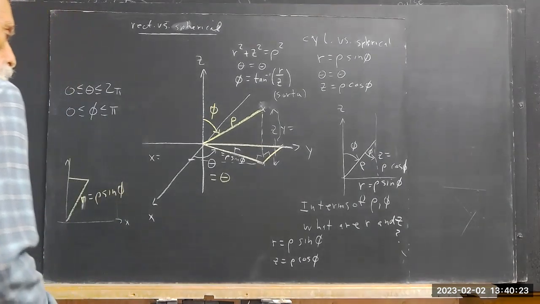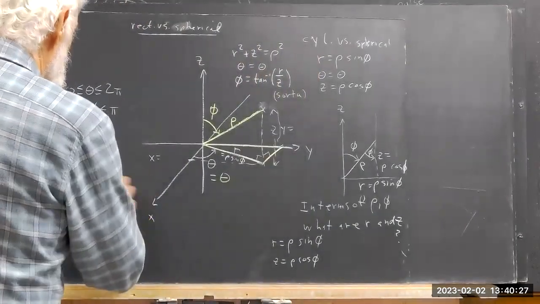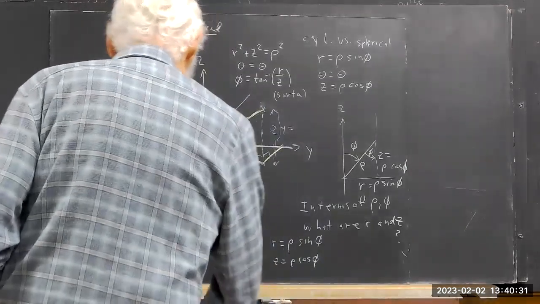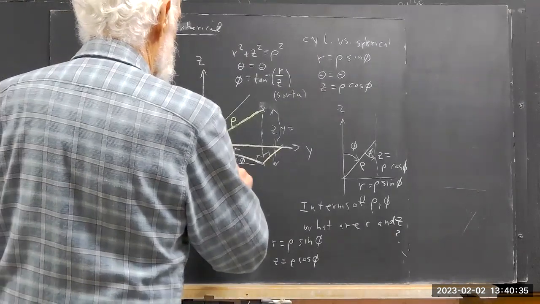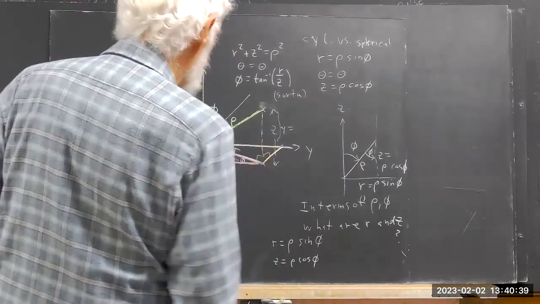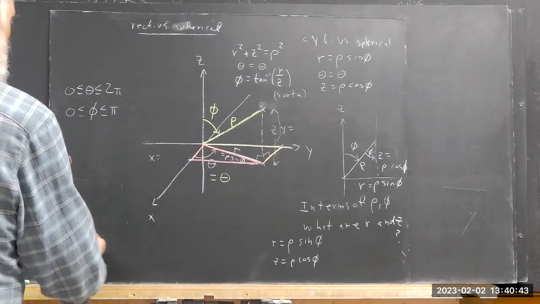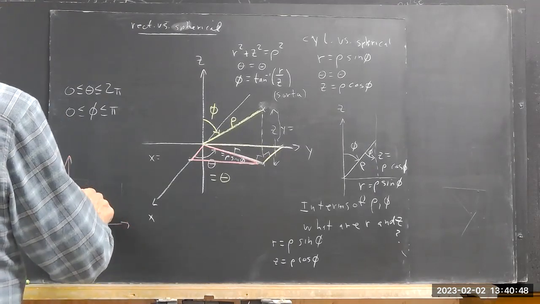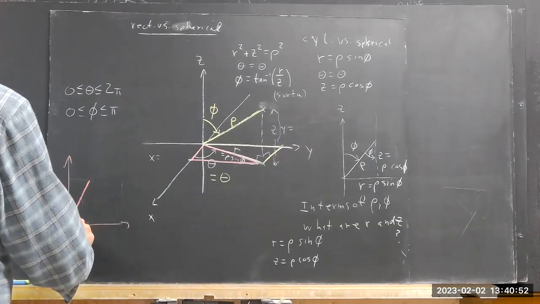That's really not the triangle we want. I could do the yellow triangle, but the red triangle is going to be a whole lot stronger. So here's the red triangle.